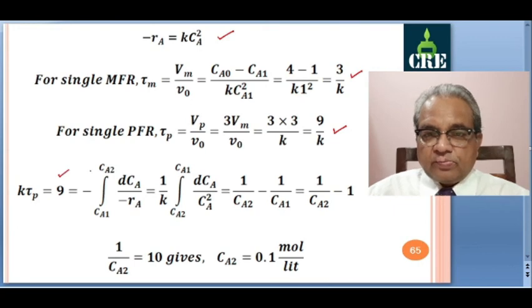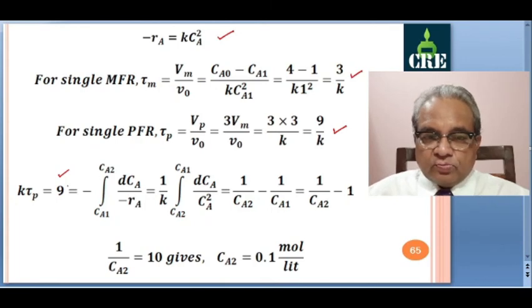So this is 9. So 1 by K integral gives 1 upon Ca2 minus 1 upon Ca1. Integrate and substitute the limits: 1 upon Ca2, Ca2 is unknown, minus 1 upon Ca1, Ca1 is 1.